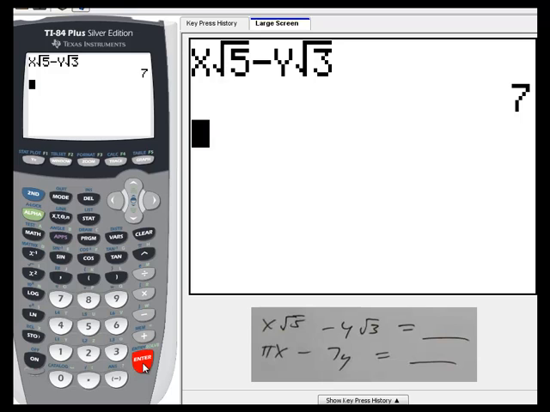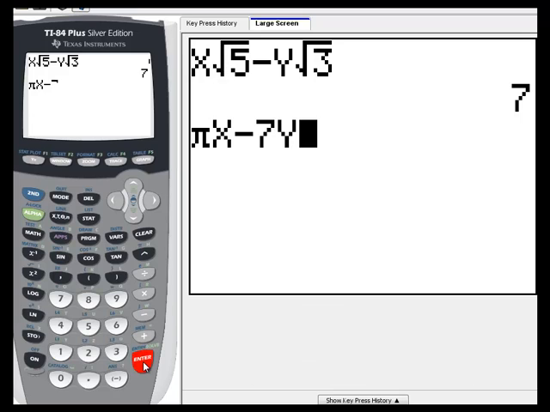Let's try the second equation. Left-hand side, we have recorded pi, second pi x minus 7y, enter. 17.